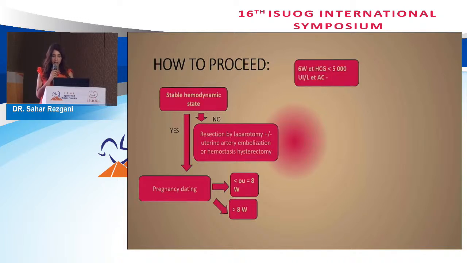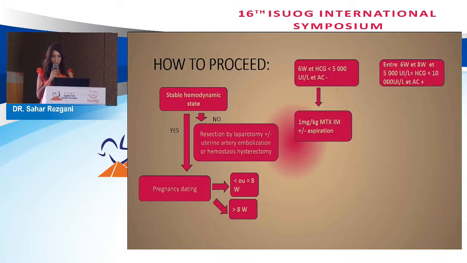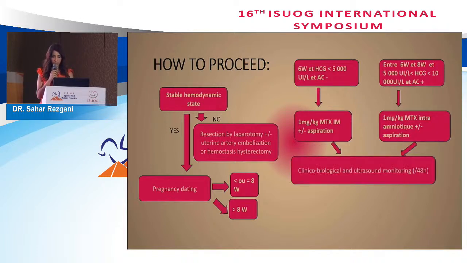First, less than 8 weeks with plasma beta-HCG less than 5,000 and cardiac activity negative, we must give methotrexate intramuscularly. If the plasma HCG is less than 10,000 and the cardiac activity is positive, we give methotrexate, but this one intra-amniotic.